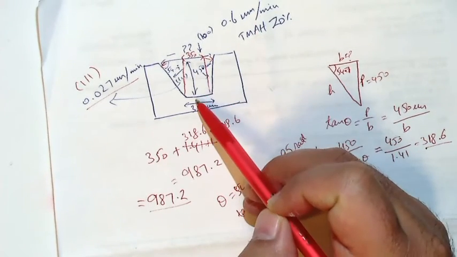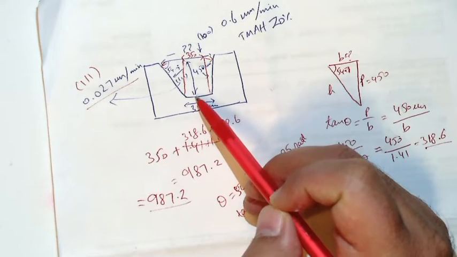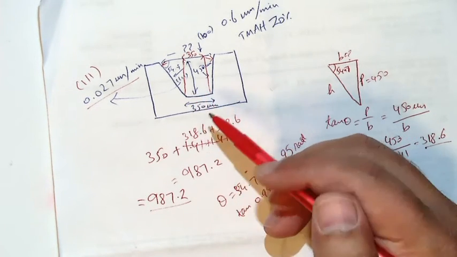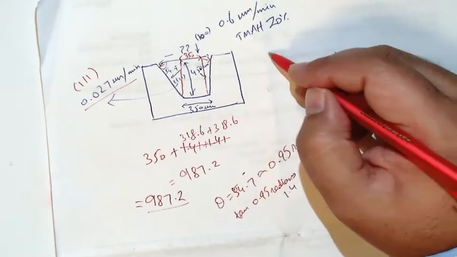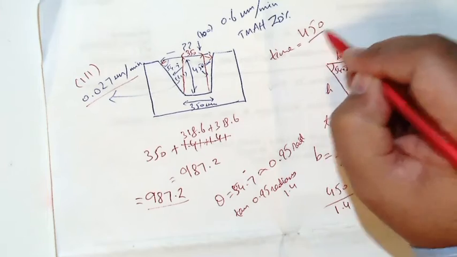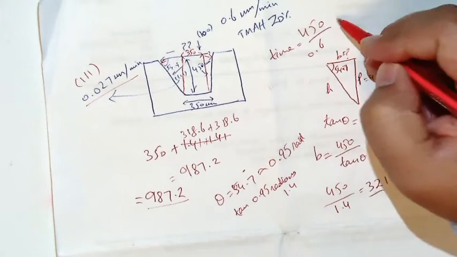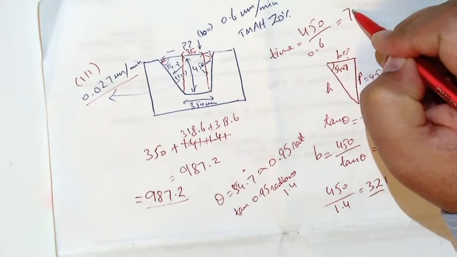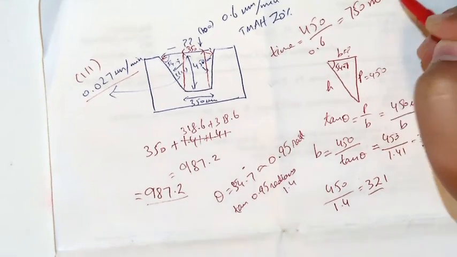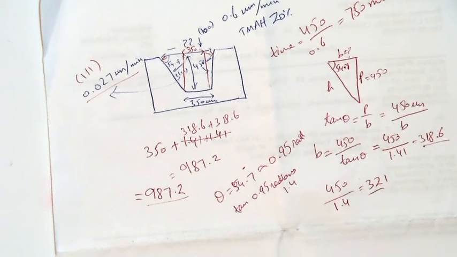So we have to go 450 micrometers. So 450 divided by 0.6 would be how much? Can you calculate? So the total time it will take, 450 divided by 0.6. You said 750 minutes, right? And you can convert it into hours by yourself.